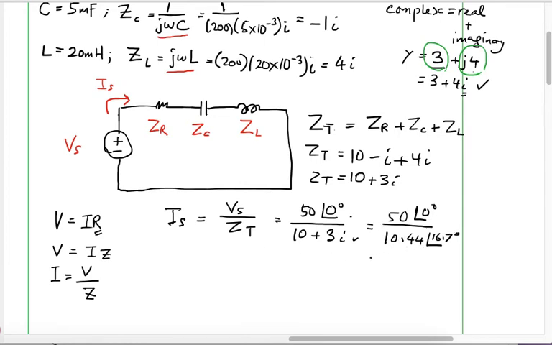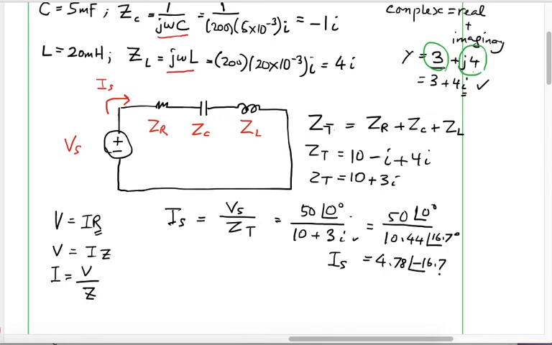If you have your numbers in phasors and you are multiplying or dividing, it is a bit simpler. You just take the magnitude and divide it using your calculator, you're going to get 4.78. As for the angles, you just take the top angle minus the bottom angle, and 0 minus 16.7 gives you negative 16.7. So this is your Is in phasor form.